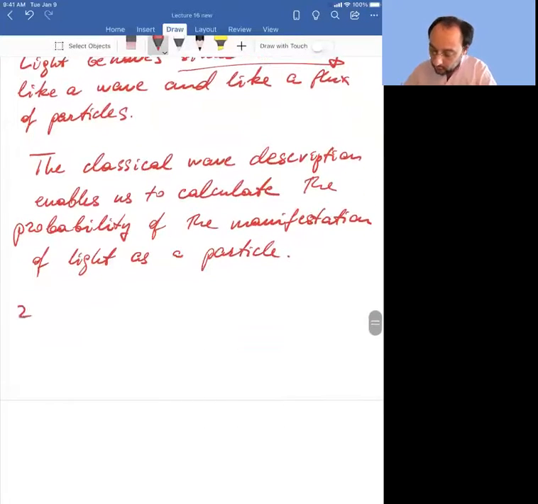Point number 2, predictions about the behavior of a photon can only be probabilistic. I'm reiterating.